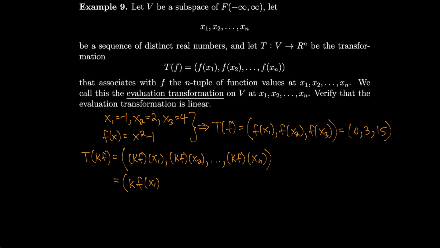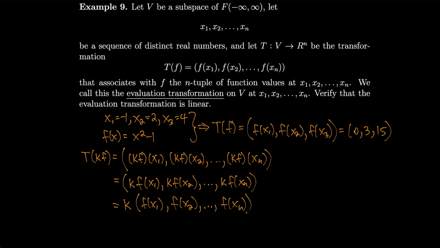So that's k times f of x1, k times f of x2, and so on, k times f of xn. That means we can pull out constants, because a constant times a tuple just distributes into each component. So this is literally just k times f of x1, f of x2 through f of xn, which is k times T of f.